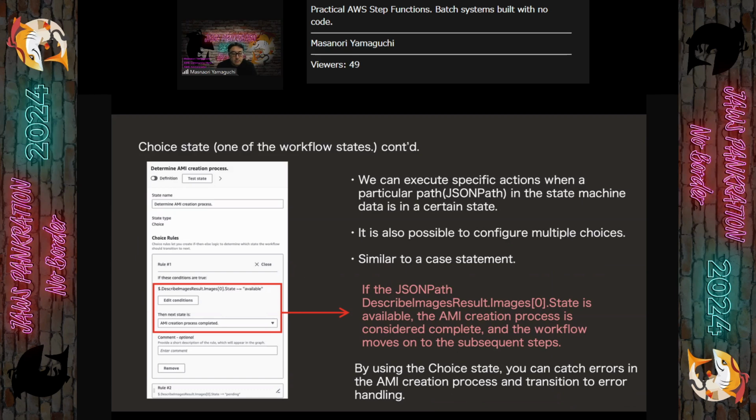For the AMI retrieval process, we can determine the result by checking the value of the JSON path, describe image result images. If this path has a value indicating success, we can proceed to the next process. But if the value indicates an error, the workflow will transition to the error handling process. So this is the Choice state error handling process.